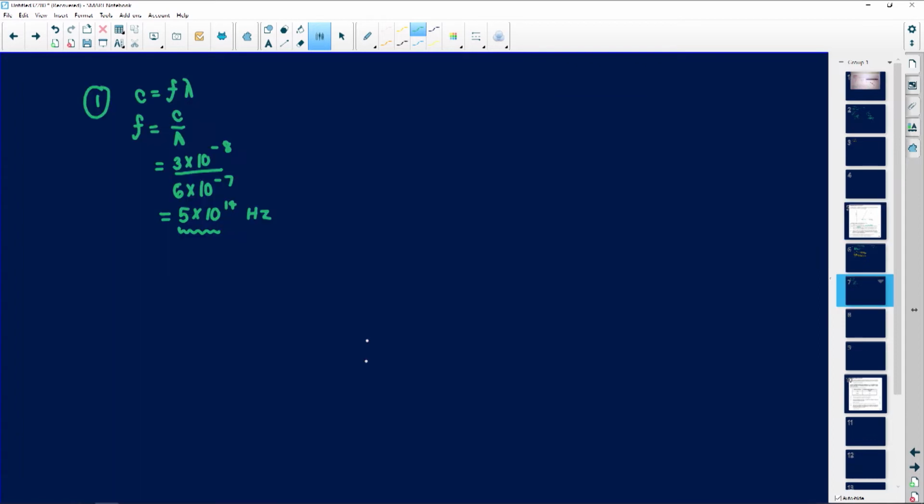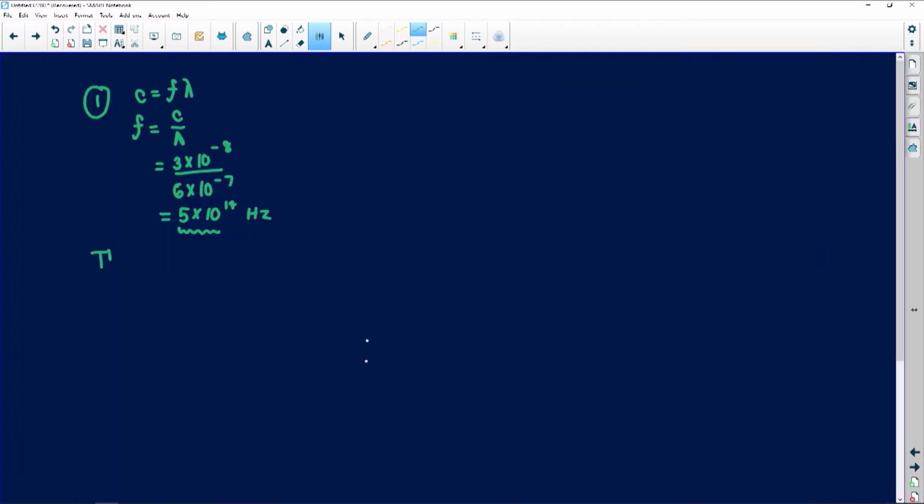So how are we going to conclude? We can then say the value of f is less than the threshold frequency. So it means the minimum energy required is not even close to the energy that it'll have.